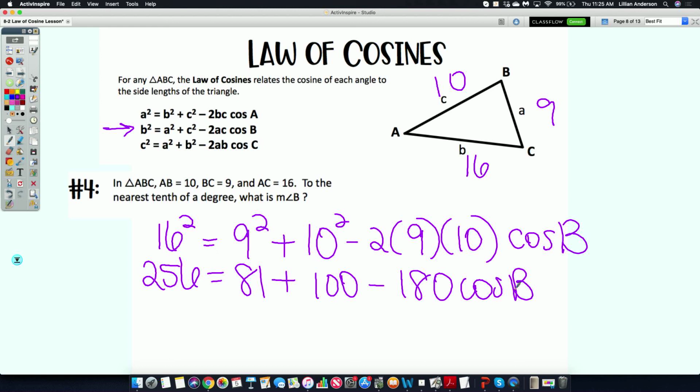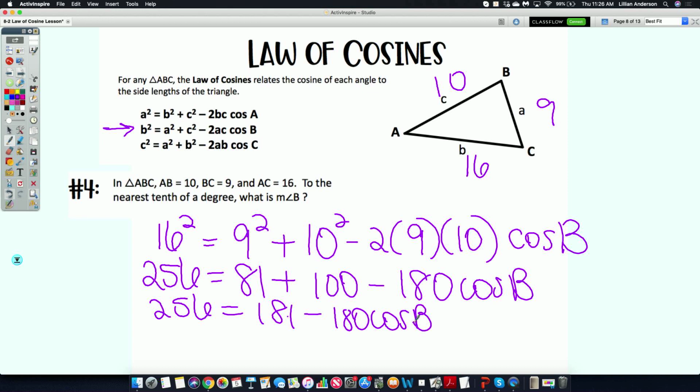You can add 81 and 100, but do not subtract 180. Why not? Because that 180 is a part of the cosine. So that means that you can't add a number to that with the trig function, okay? So I can add these two together, but then that 180 cosine B stays 180 cosine B.